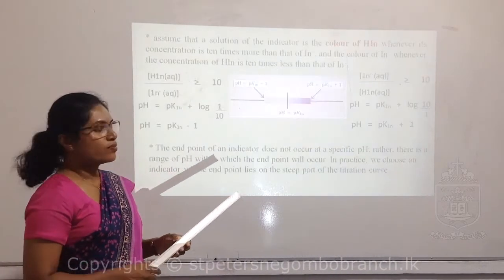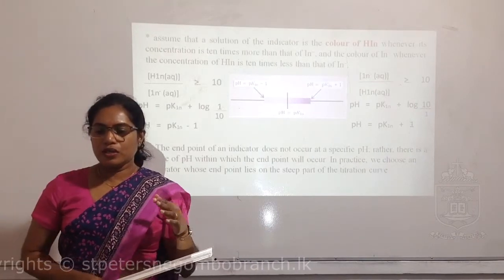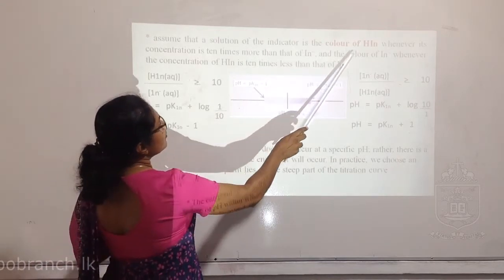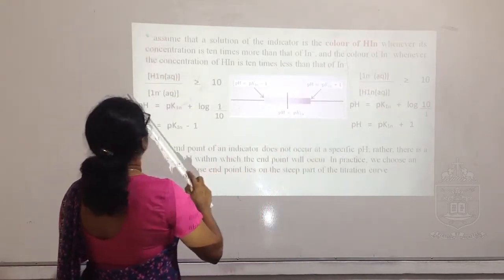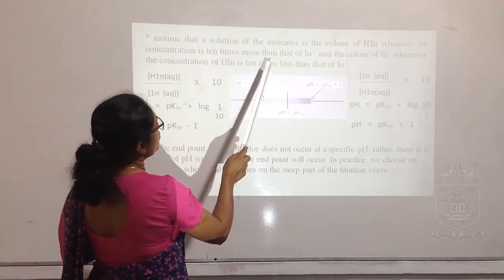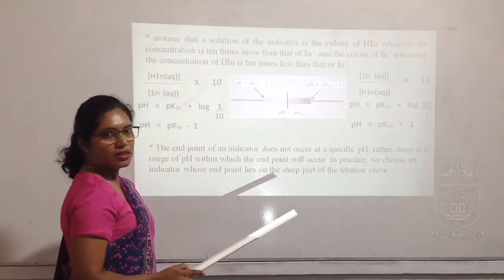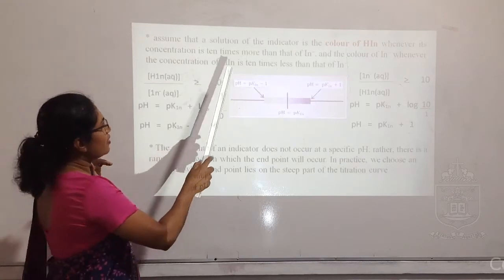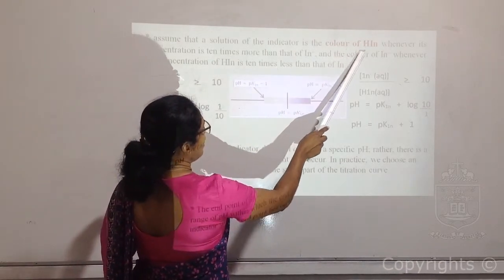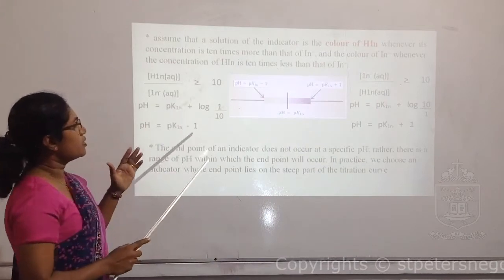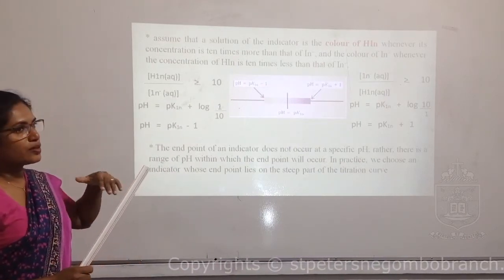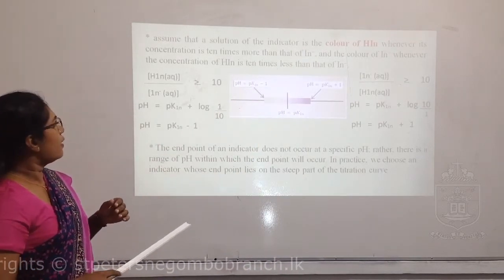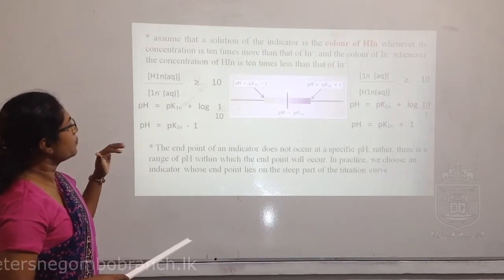And assume that the solution of the indicator shows the color of HIn whenever its concentration is 10 times more than that of In minus. That means the indicator is the color of HIn when its concentration is more than that of In minus ion.